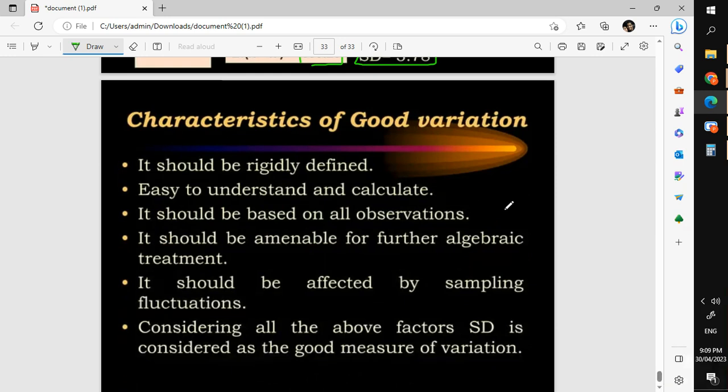And these are the characteristics of a good measure of variation, which we have actually observed in the previous example. So it's rigidly defined, it's easy to understand and calculate. Once you have identified if it's discrete data or if it's continuous or if it's frequency ba, so easy na dayon. And it should be based on all observations. So tanan part sa population or the entire population itself, in the entire observations.